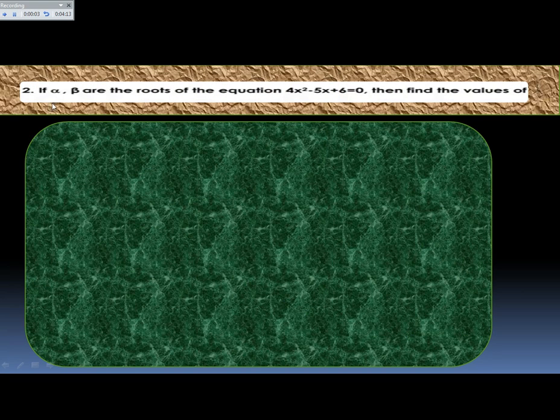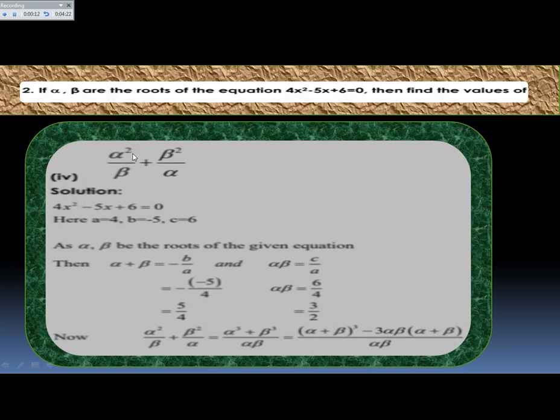Question number 2, part 4. If alpha and beta are the roots of the equation 4x square minus 5x plus 6 is equal to 0, then find the value of alpha square upon beta plus beta square upon alpha. Solution: 4x square minus 5x plus 6 is equal to 0 is the given equation.